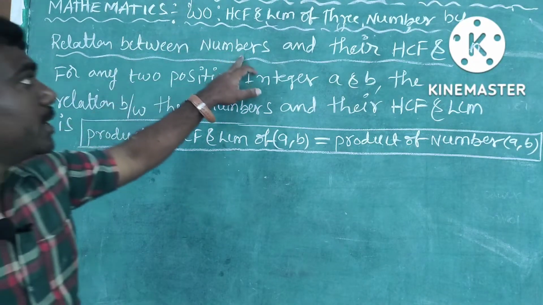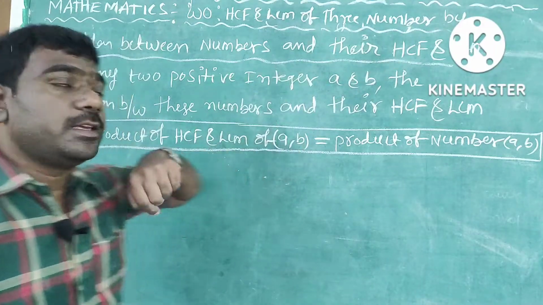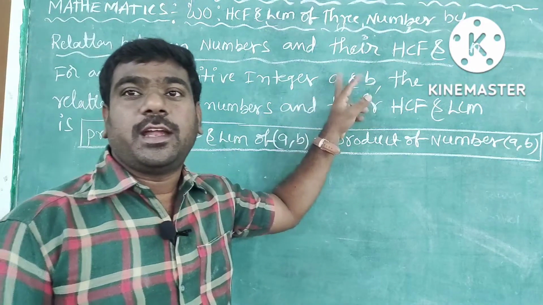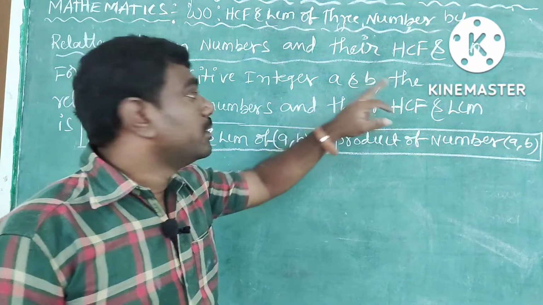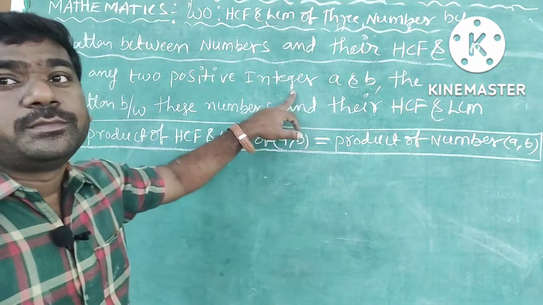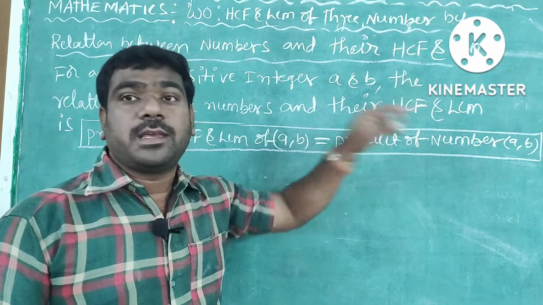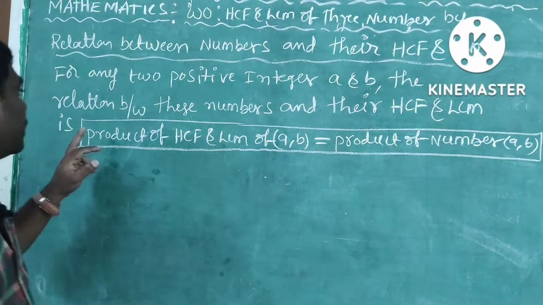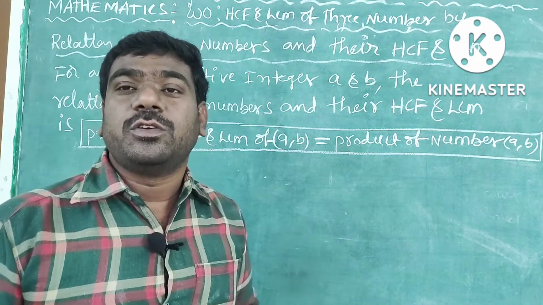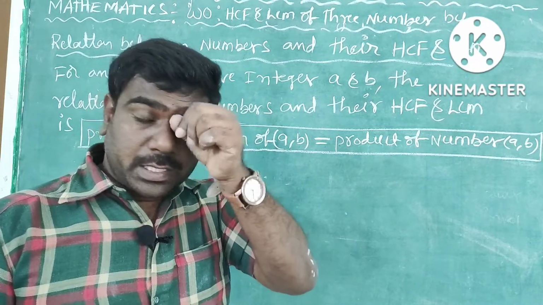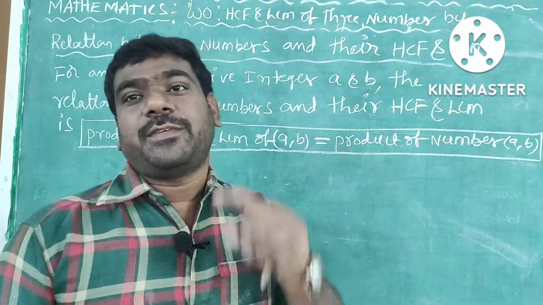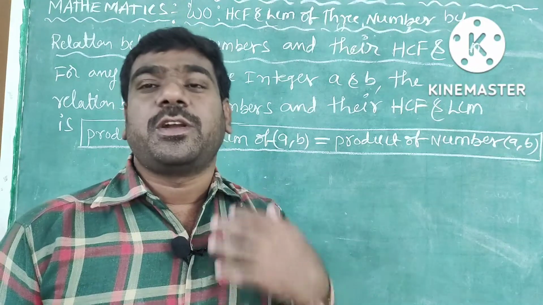The relation between numbers and their HCF and LCM: for any two positive integers, if I say A and B, any two positive integers, the relation between these two numbers and their HCF and LCM is that the product of HCF and LCM of two numbers is equal to the product of the given two numbers.